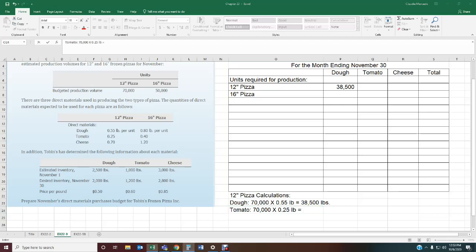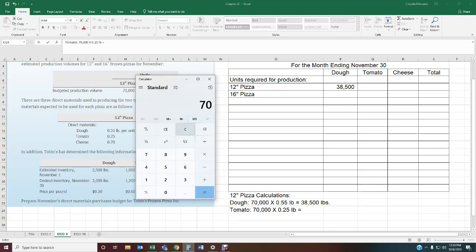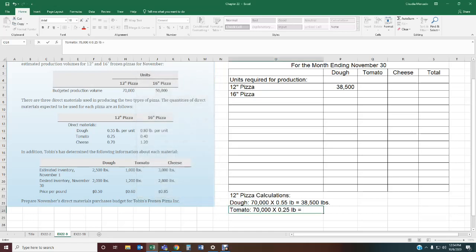So let's see how much that is. 70,000 pizzas times 0.25 pounds gives me 17,500 pounds of tomato.